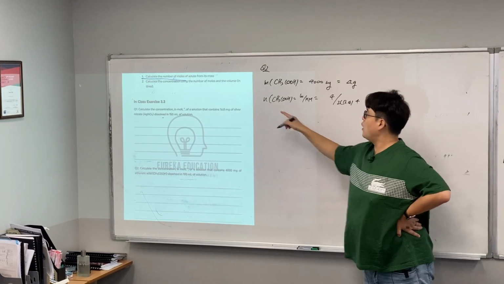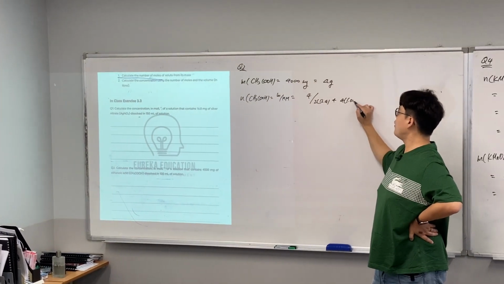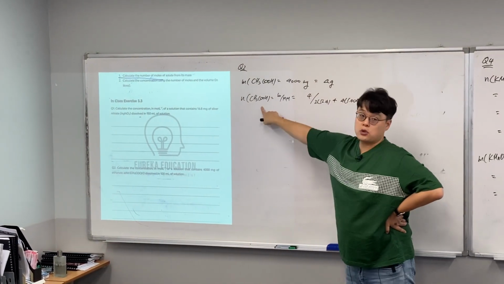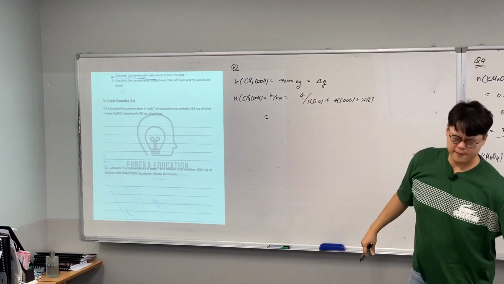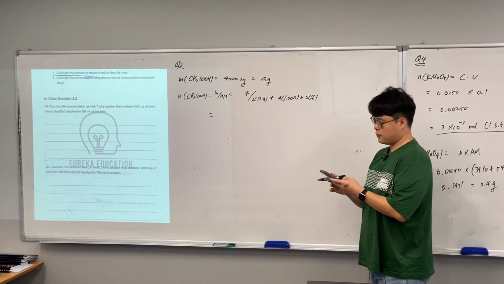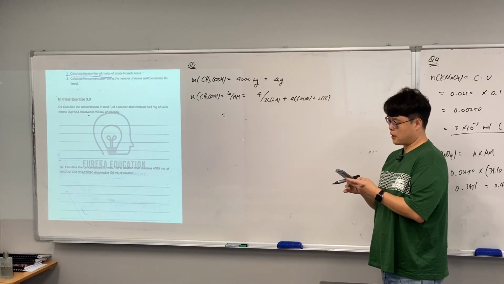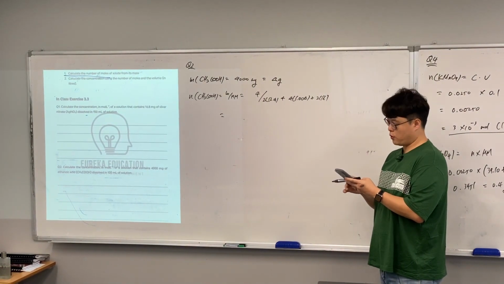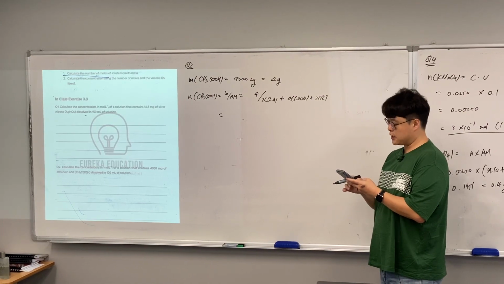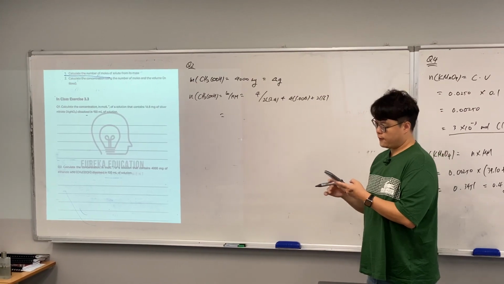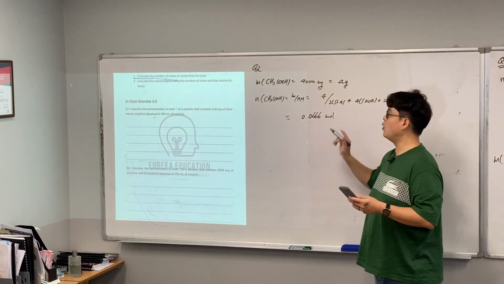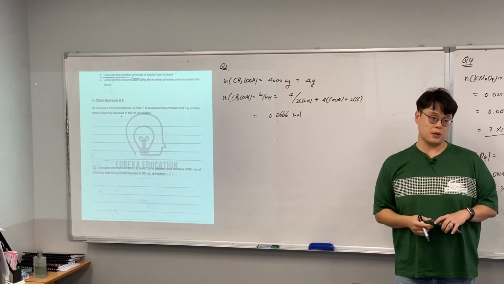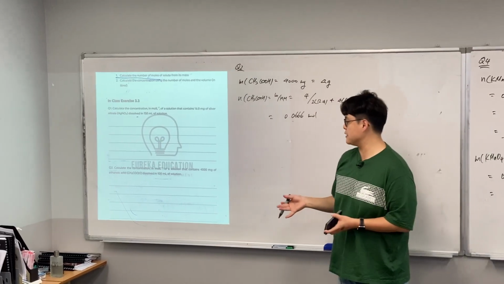We have 4 hydrogens, 4 times 1.008, plus 2 oxygens, 2 times 16. Use your calculator, 2 times 12.01 plus 4 times 1.008 plus 2 times 16, and 4 divided by that, you get 0.0666 mole for the given mass of the acetic acid or ethanoic acid.